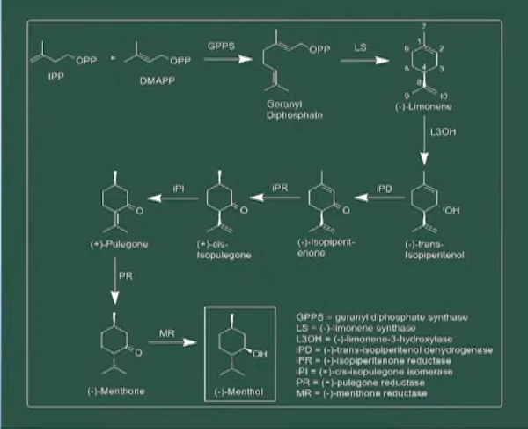Limonene 3-hydroxylase, using oxygen and NADPH, then catalyzes the allylic hydroxylation of limonene at the 3rd position to synthesize trans-isopiperitenol.